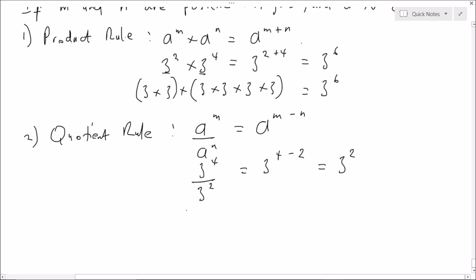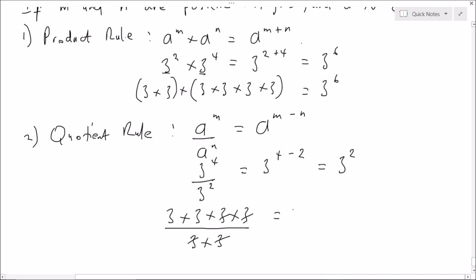And again, this is true because 3 exponent 4 is the same as 3 times 3 times 3 times 3, all over 3 exponent 2, which is 3 times 3. And if you cancel, 3 cancel 3, 3 cancel 3, you have 3 times 3.